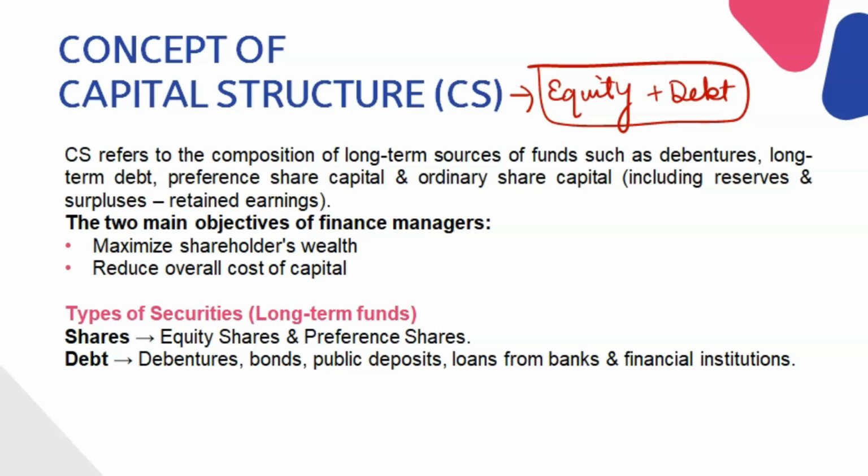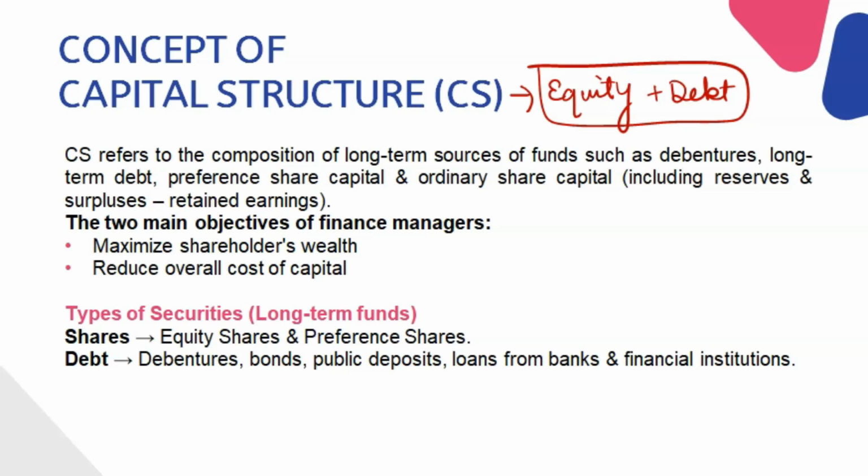And one more thing, shareholders' wealth should also be maximized. Not just that if one source is giving us very low cost, we go for it directly. No, we have to see both things, whether the shareholders' wealth is increasing or not, and whether the cost of capital is low or not. We have to balance both.